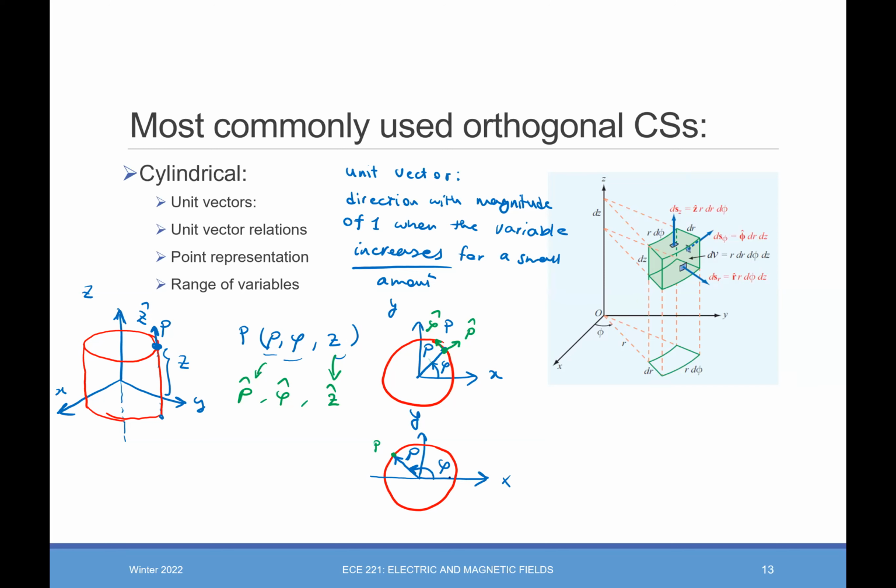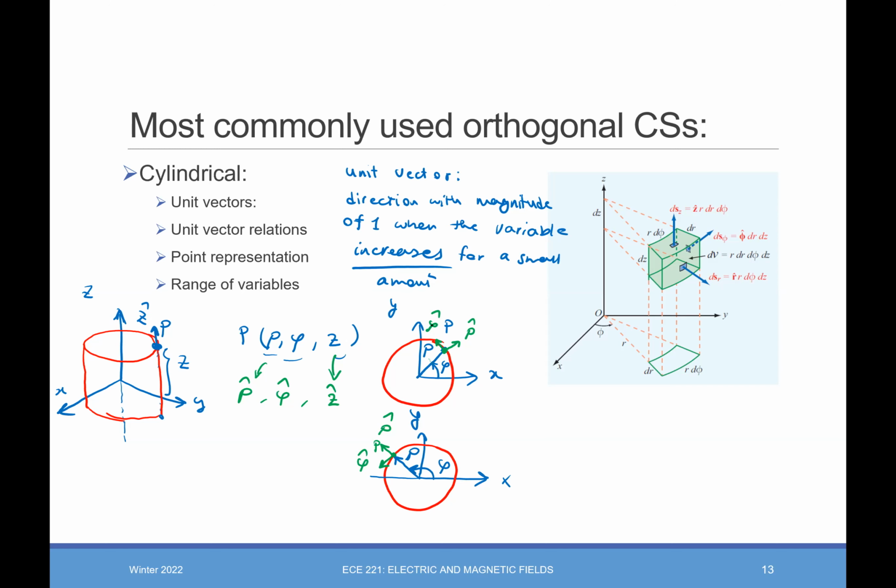So that means that rho hat is going to be in this direction now, and phi hat is going to be in this direction. So you see, depending on the location of point P, rho hat and phi hat are changing. That's a very important point to consider.